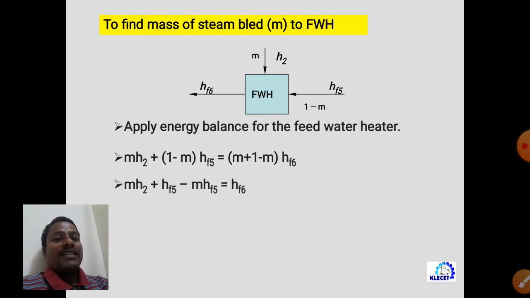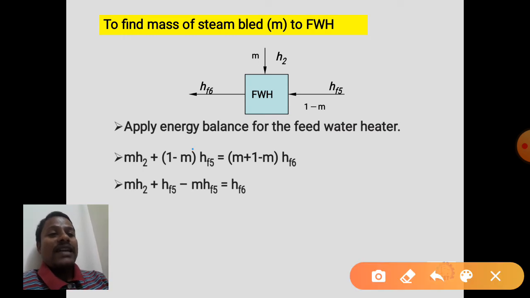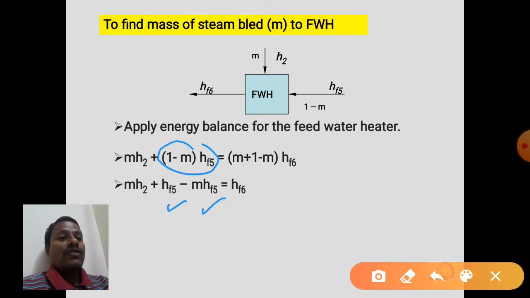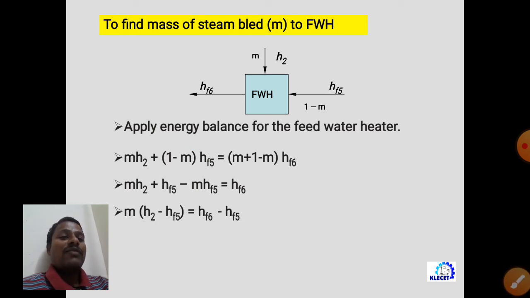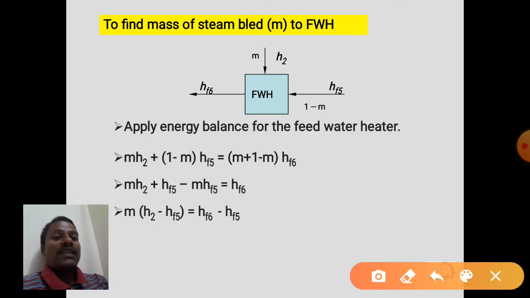After that, m into h2, I opened the bracket, m into hf5 is equal to, so plus m minus m have cancelled, hf6 has remained on the RHS. Taking m common, m (h2 minus hf5) is equal to, shifting hf5 to the other side, hf6 minus hf5.